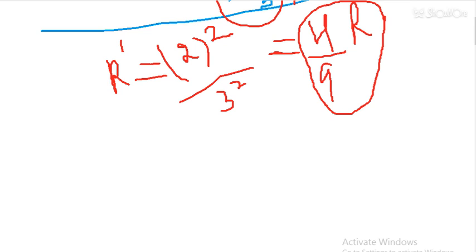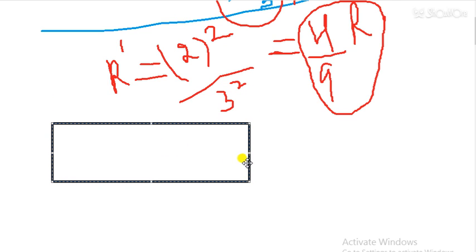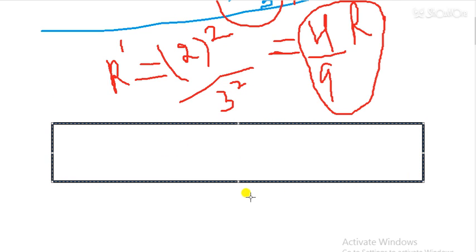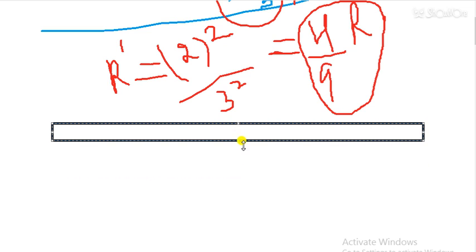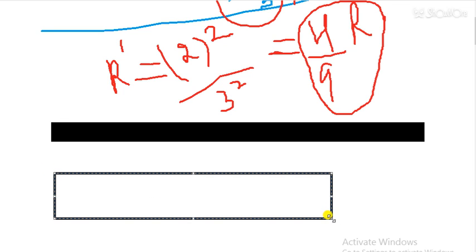Suppose I give you one example. Suppose this is the wire and its length is L. Now we compress it and make its length like this.